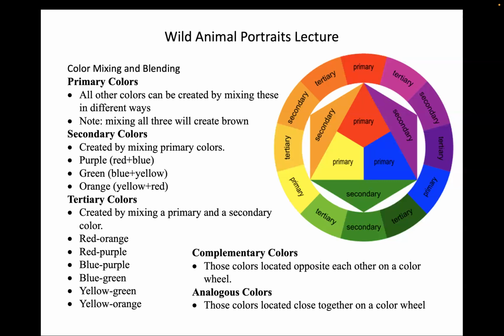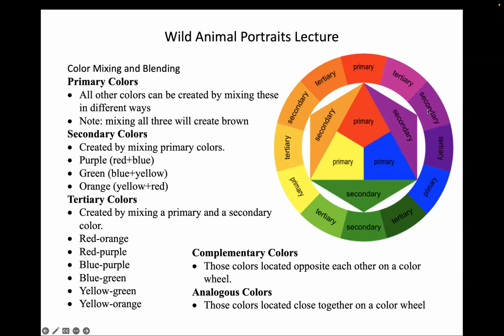Pretty self-explanatory. Now, this is something I also want you to consider: complementary colors or analogous color palettes. What is a complementary color? What is the complementary color of red, which is exactly on the opposite side of the color wheel? Green. What is the complementary color of yellow, exactly on the opposite side?